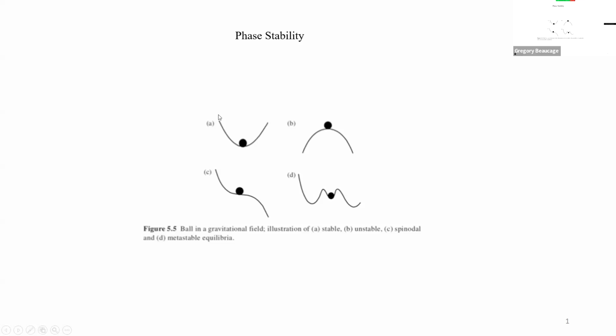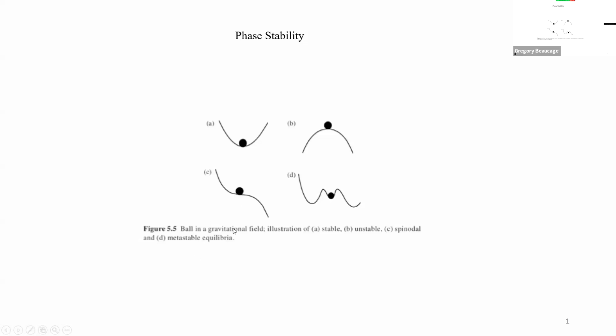If you have a stable situation, you have a valley and the ball goes in the valley. If you have an unstable situation, the ball is on top of a mountain, it's going to fall off. Or you can have metastable, which means you have this local valley. You saw that with the free energy diagrams, there are places where you get stuck. You have barriers to get over.